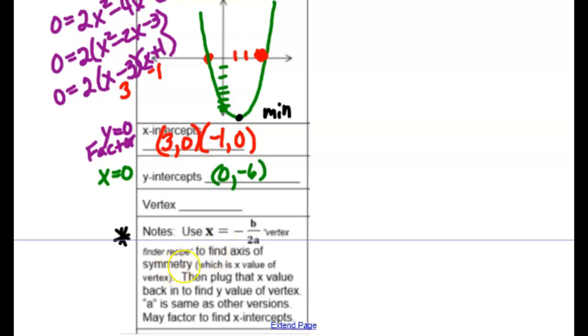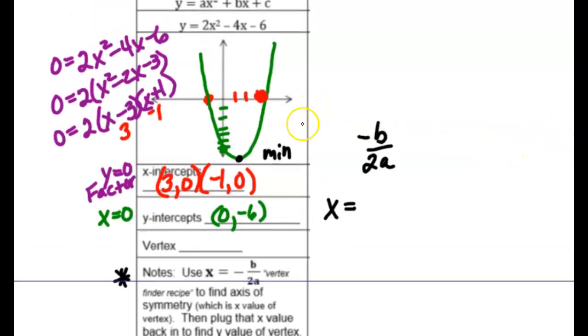It will find the axis of symmetry, and then if you plug it back in, it'll find the whole vertex. So for this question, x equals, what is the opposite of b over 2a? Well, our b was negative 4. Everybody good that it was negative? So when we change it, it'll become a positive 4 over 2a, which is 2 times 2.